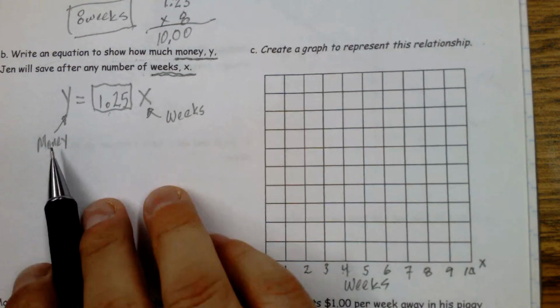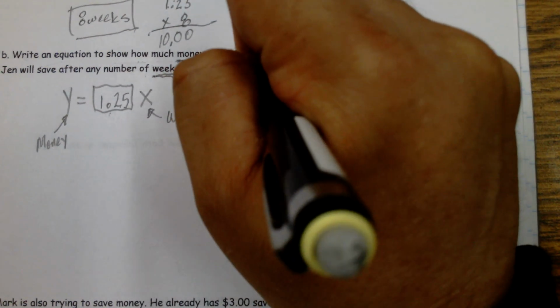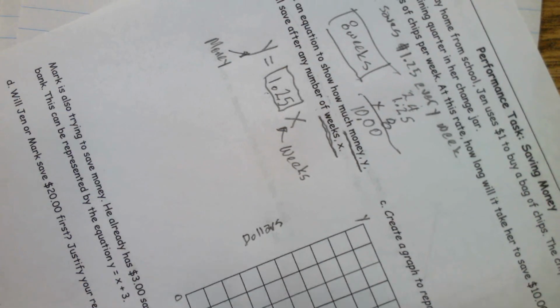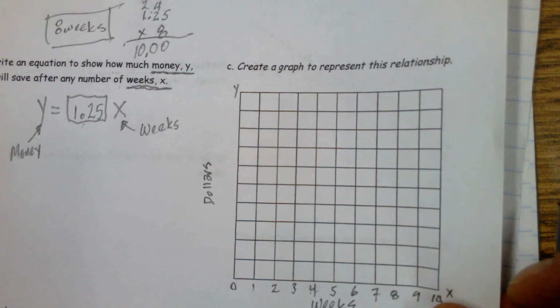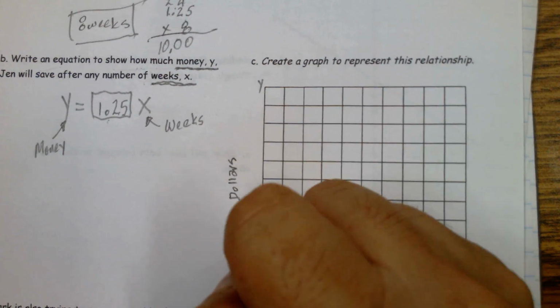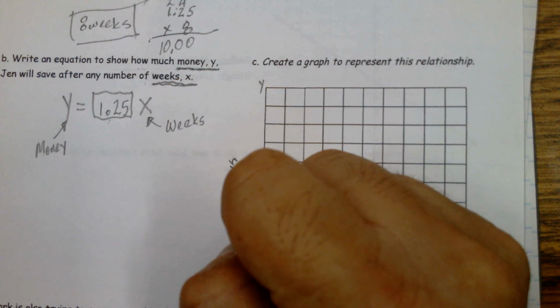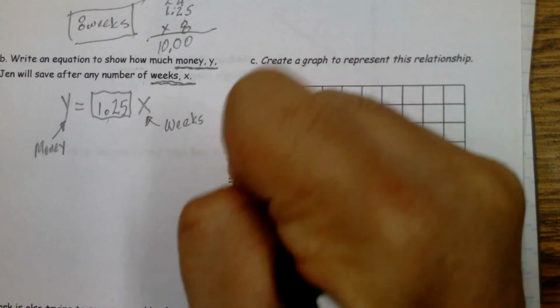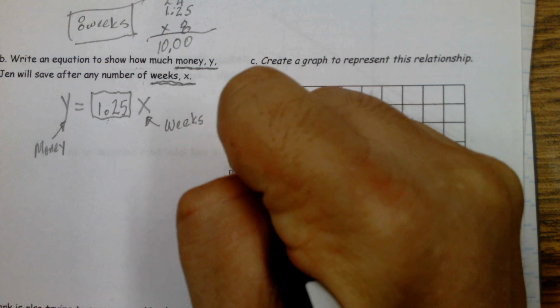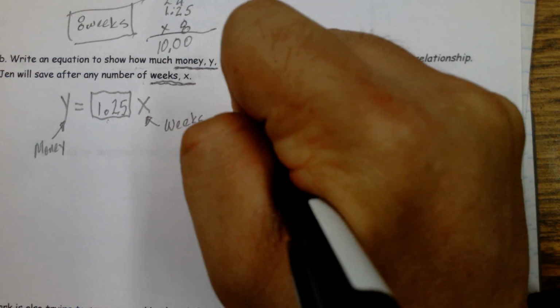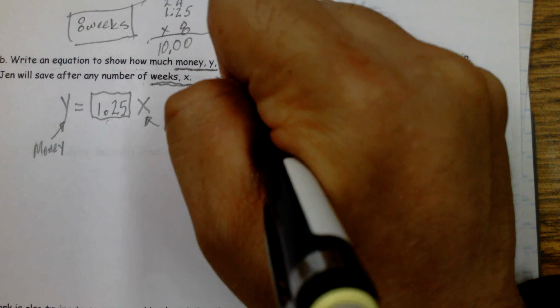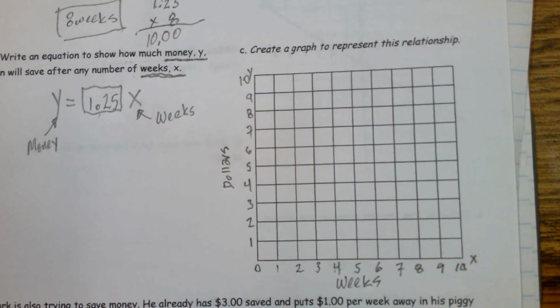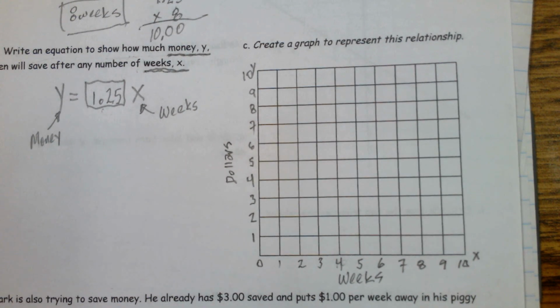And on y, we're measuring money in dollars. So I'm going to write sideways, dollars. And that's how much she's saving. So $1 all the way to $10. There we go. So there we set up our graph.